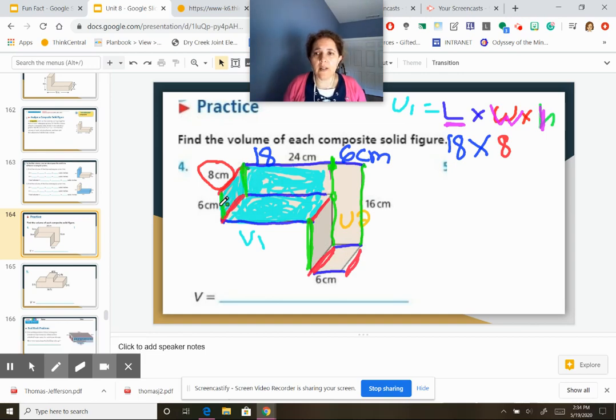So my height is 6. I'm going to multiply that times 6. So again, it doesn't matter what order I multiply. I can do 18 times 8 and then multiply that by 6, or I can do 6 times 8 is 48, multiply by 18. It doesn't matter, okay? So go ahead and do that, then come back to me. Find out what volume 1 equals, and come back to me.